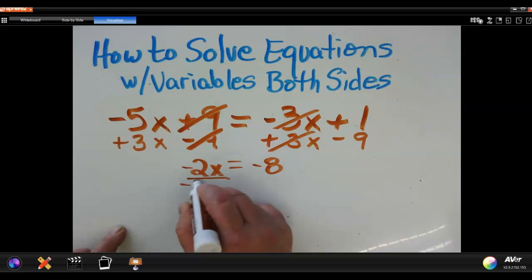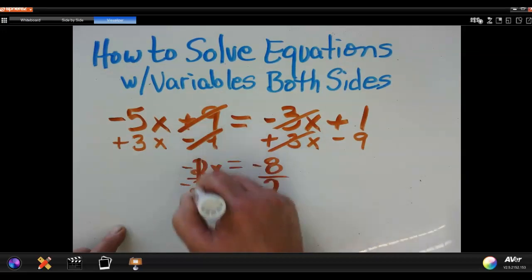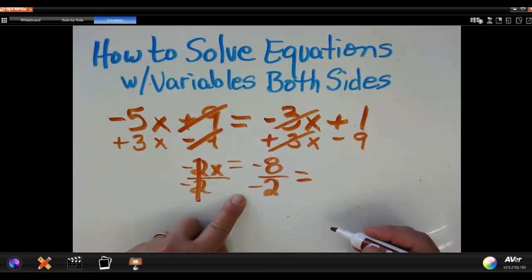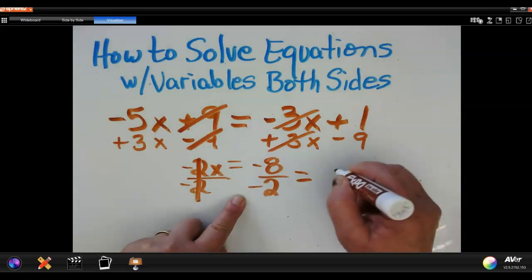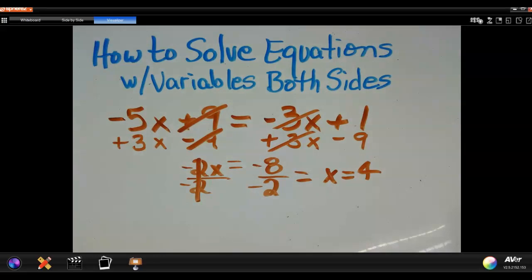Divide both sides by negative 2 to isolate the variable. And you know that a negative divided by a negative is indeed a positive, so that's going to give us x equals 4.